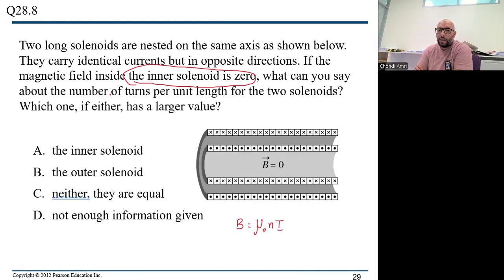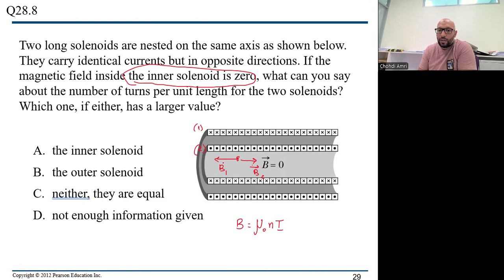Let's say this is our first solenoid, solenoid number 1, and this is solenoid number 2. For the first one, the magnetic field is directed to the left. Let's say this is B1. For solenoid 2, the magnetic field is out of the page, so it's directed to the right.